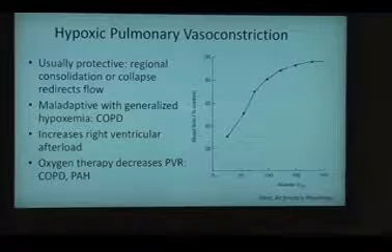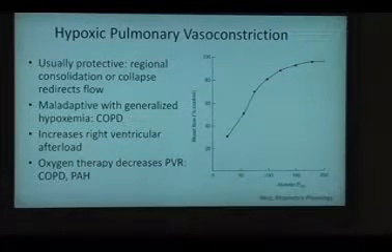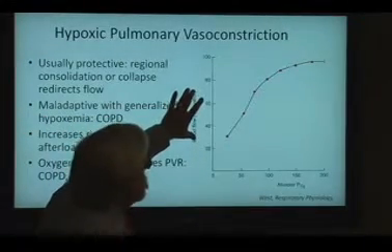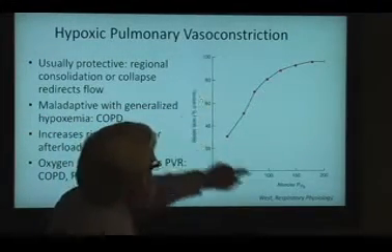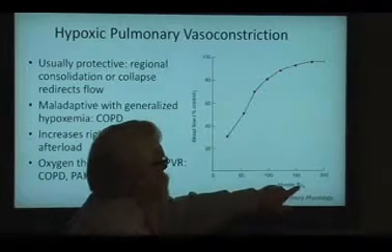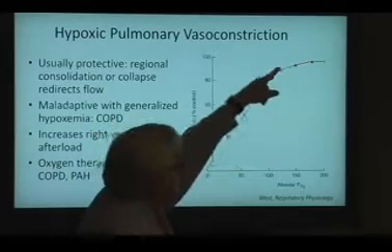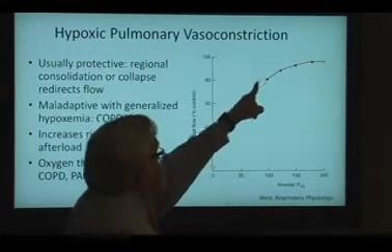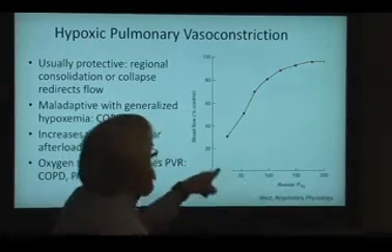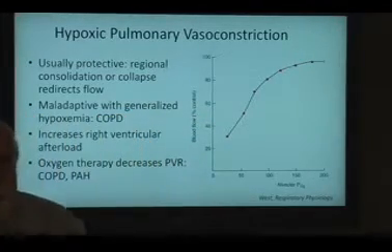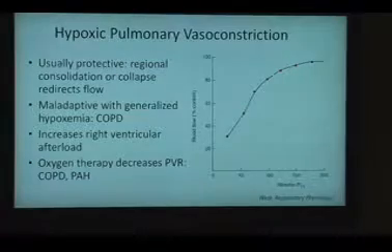Okay, a few words about pulmonary vasoconstriction. Here we're looking at blood flow, or we can think of this as pulmonary vascular resistance, as a function of alveolar PO2. You can see that as the alveolar PO2 decreases, the amount of blood flow past the lung unit decreases as well.